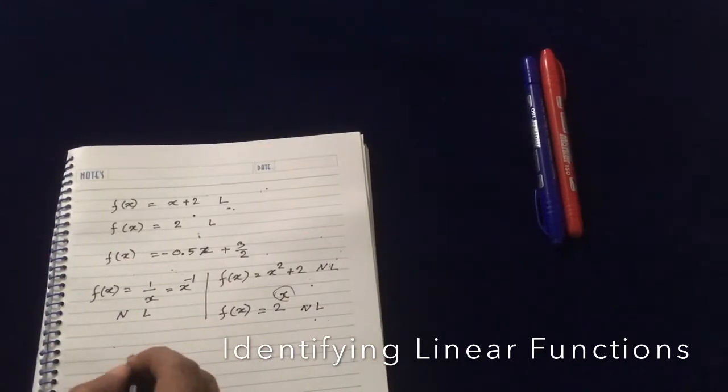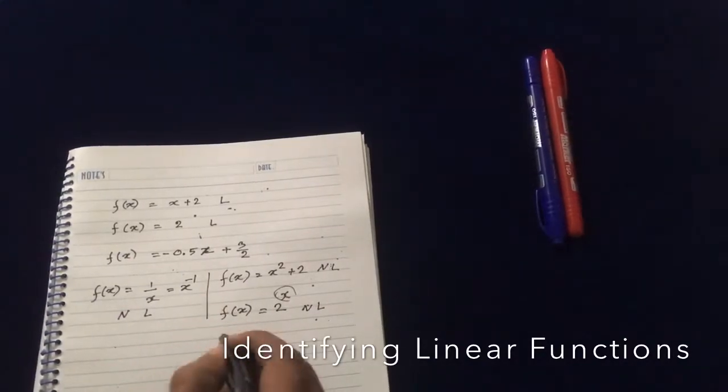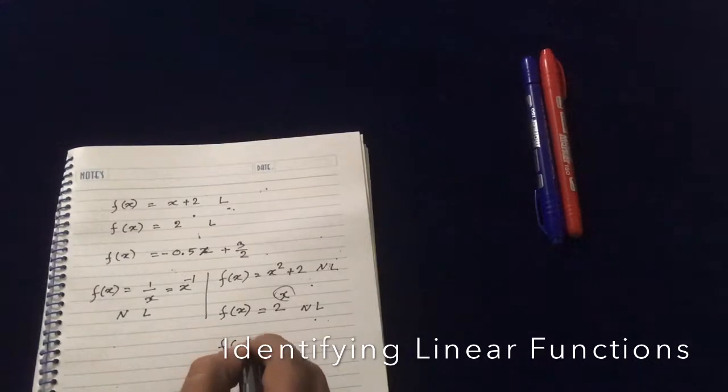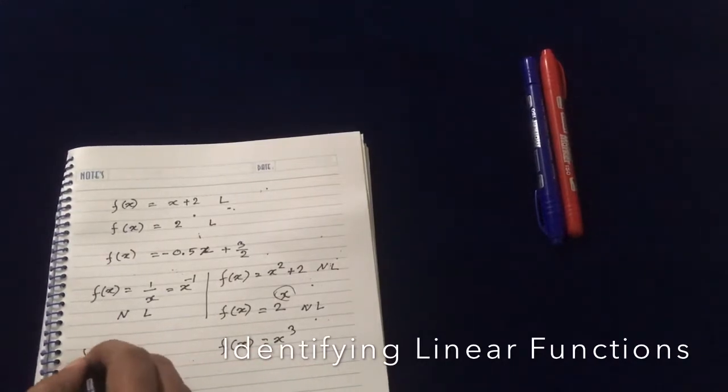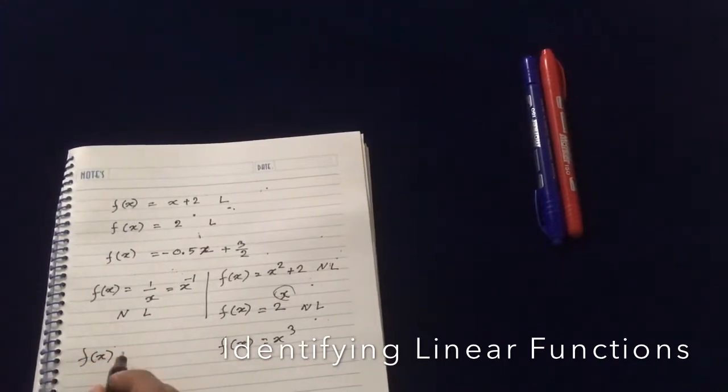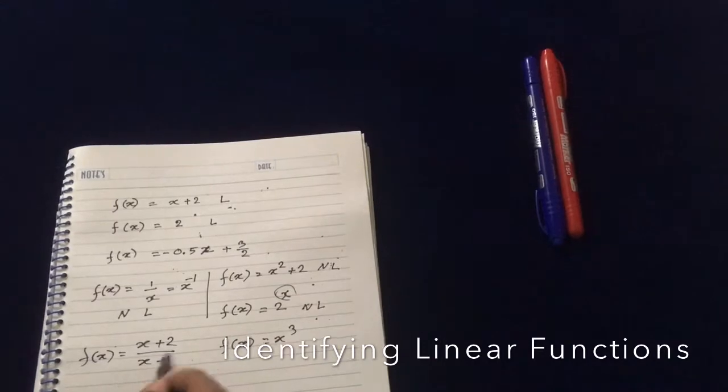Also if I write f(x) equals x cube, this is also non-linear. The power is different, so it is non-linear. Let's write some rational kind of thing, let's say x plus 2 divided by x minus 1, whatever comes to my mind. Some fraction.